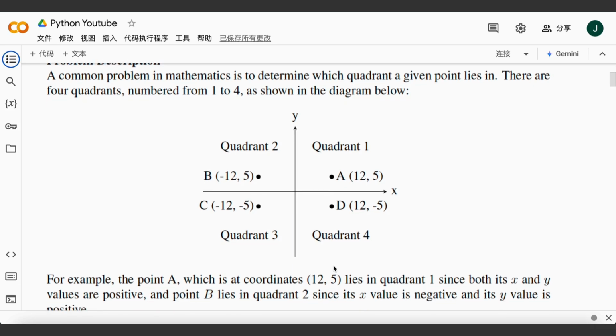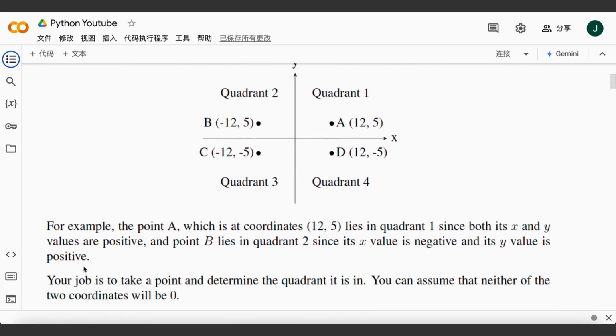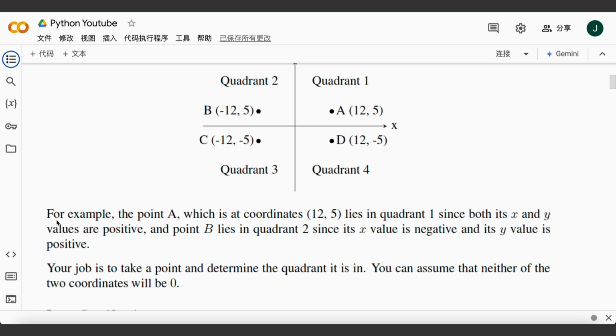Okay. So pretty intuitive. Here's the description from the problem. For example, the point A, which is at coordinate 12, 5, lies in quadrant 1 since both x and y values are positive, and point B lies in quadrant 2 since its x value is negative and its y value is positive.